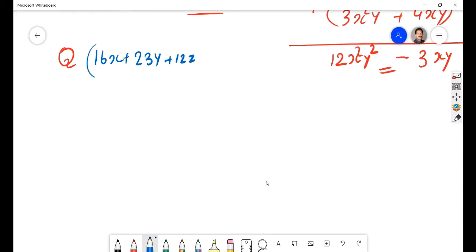This is one set of algebraic expression. Subtraction is to be done from this, according to the question. The other expression is 9x minus 27y plus 14z.